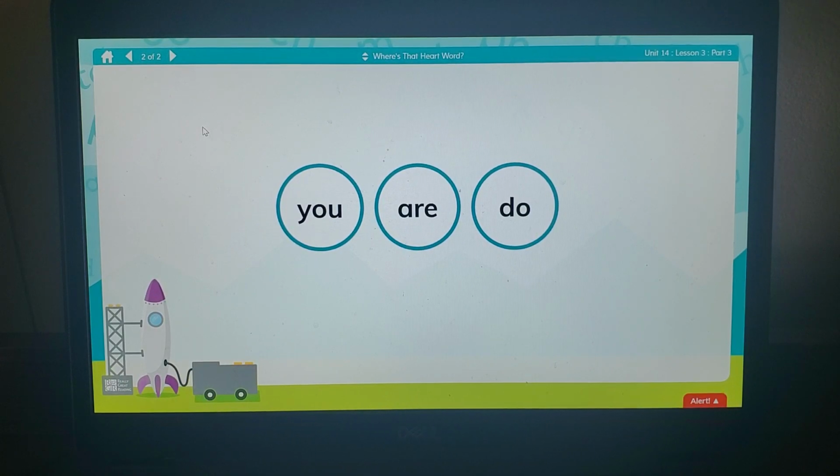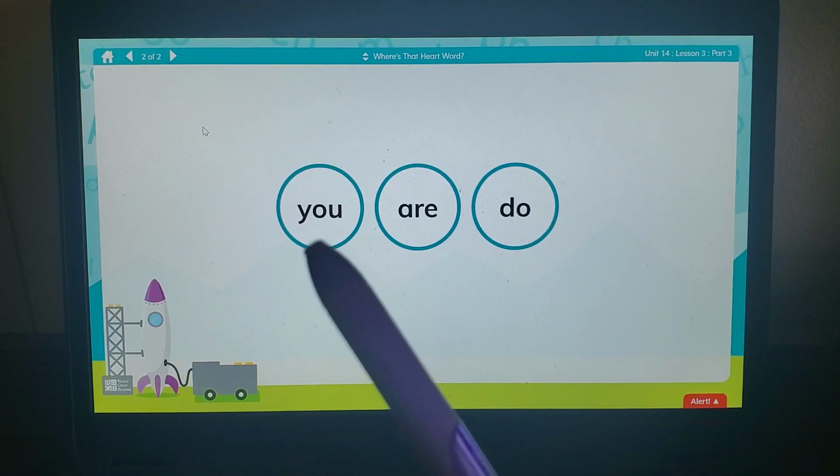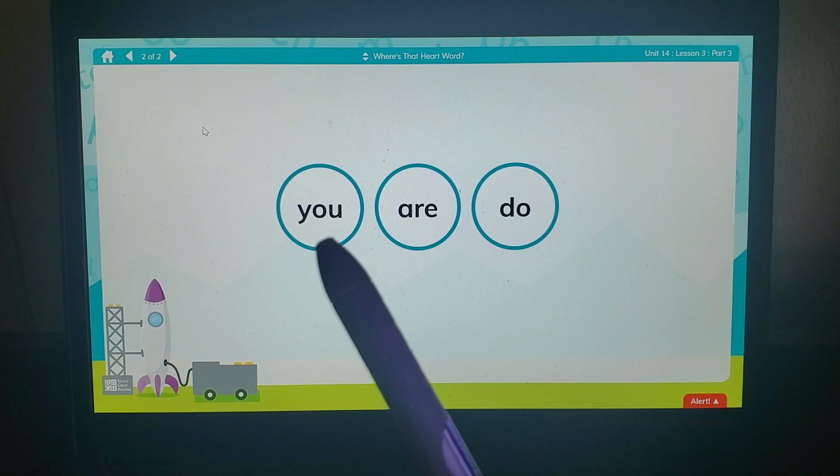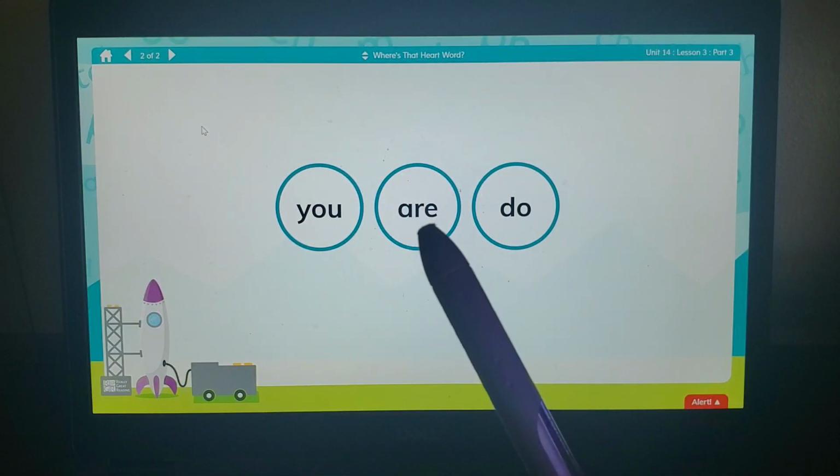Next, which word is first? You is first in line. Last question with this set of words. Which word is next in line? You have you. The word that is next in line is are.